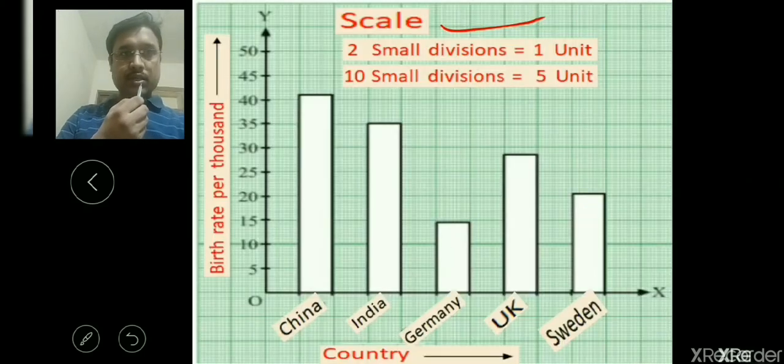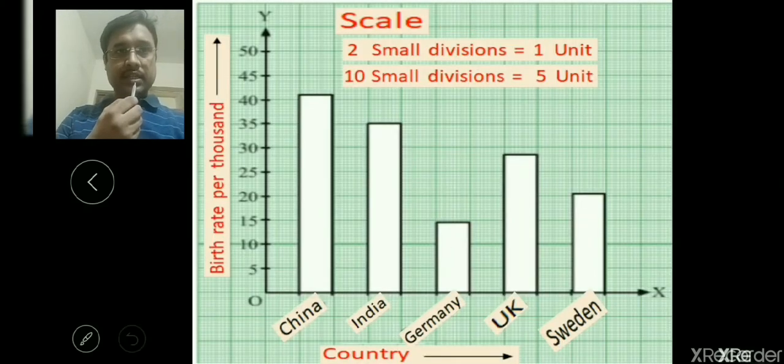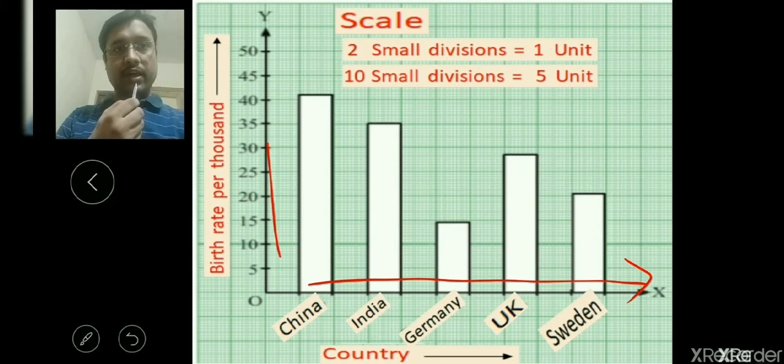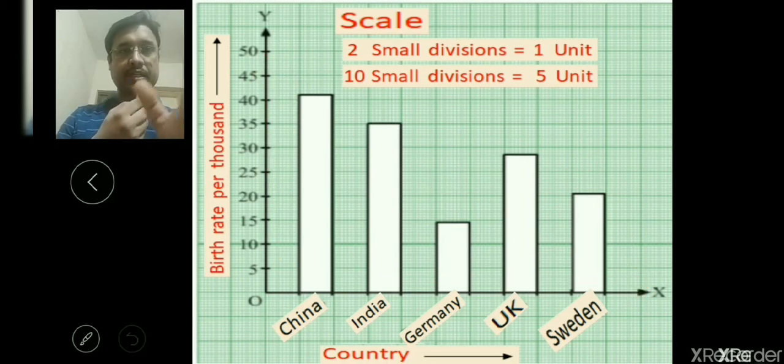We can represent the data like this. This is the x-axis, horizontal, and this is the y-axis, representing the numerical value. When we are representing the rectangular bars vertically, we take the data items on the x-axis. So here the data items are the country names: China, India, Germany, UK and Sweden.